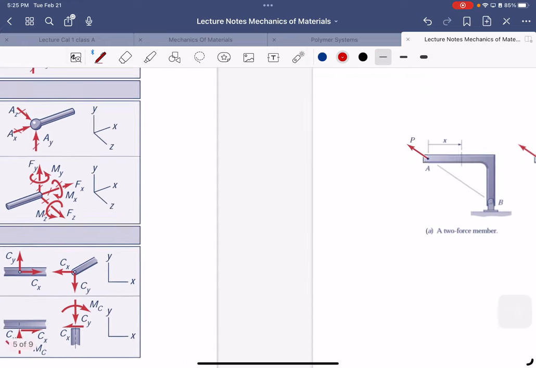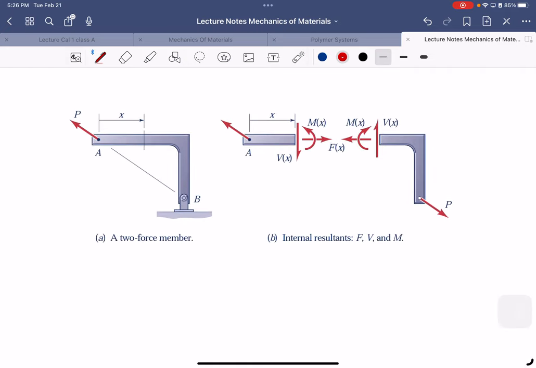Okay, now if you look here, for the first part, it doesn't matter if you're not writing all the notes. For the important ones I will give some emphasis, which you need to write down. This one we call the two force member.